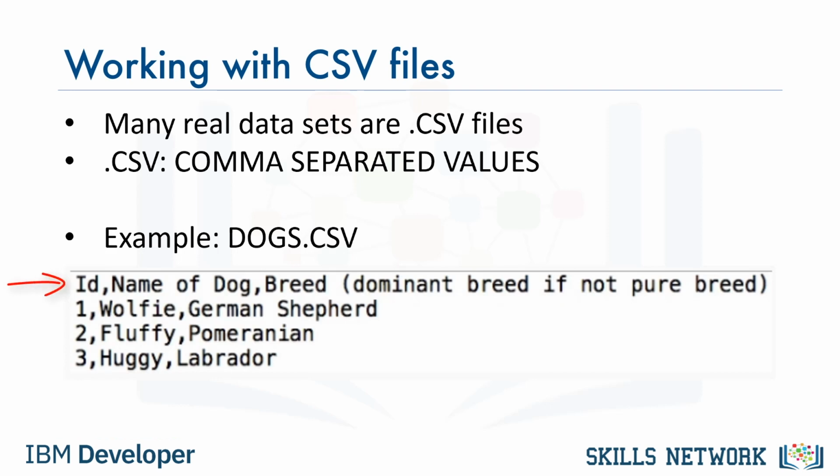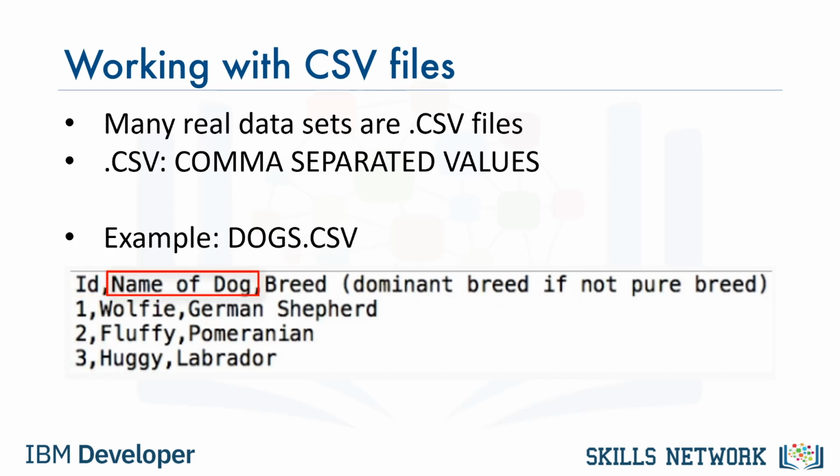The first row in the table, in many cases, contains attribute labels, which map to column names in a table. In dogs.csv, the first row contains the name of 3 attributes. ID is the name of the first attribute, and the subsequent rows contain ID values of 1, 2, and 3.